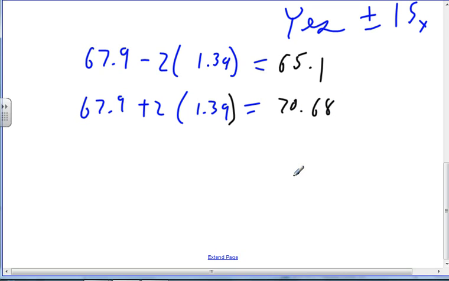70.68. All right, now again, I'm looking to see how many are in and how many are out. So there's a 6 that's out on the bottom, and on the top there's a 3 that's out, for a total of 10.